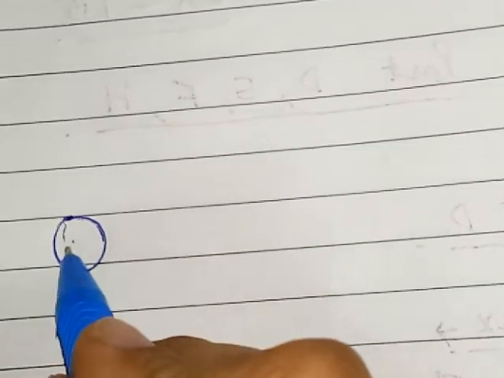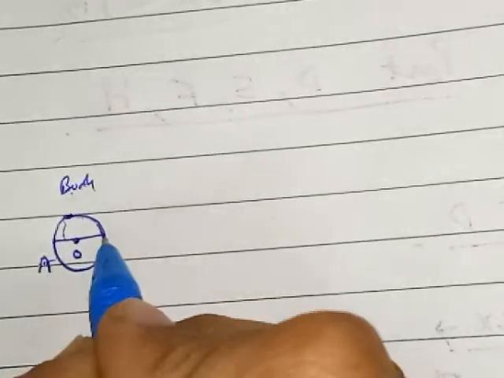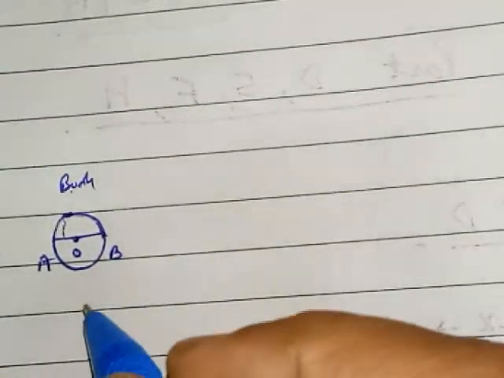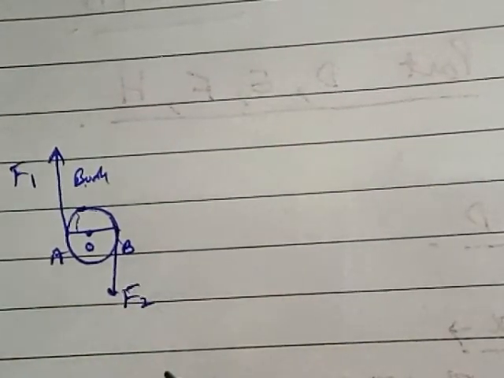For example, let's take this body, which is just a steering wheel, or any other body. Let this be the center of the body, O, and these two points, this point is A and this point is B. Let's apply two forces, the force F1 in the upward direction and F2 in the downward direction.